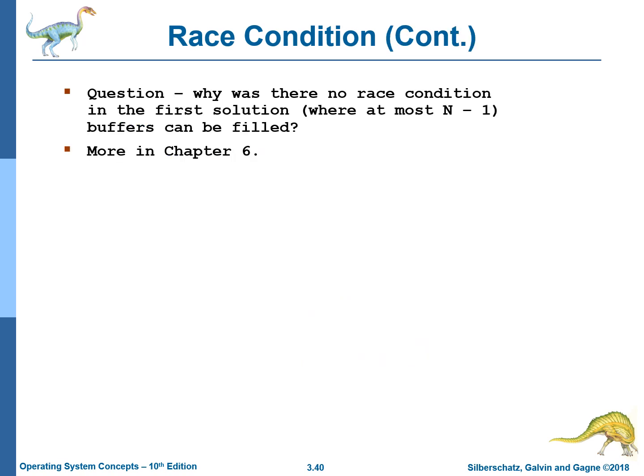Why was there no race condition in the first solution, where at most n-1 buffers can be filled? We're going to cover that in chapter 6.